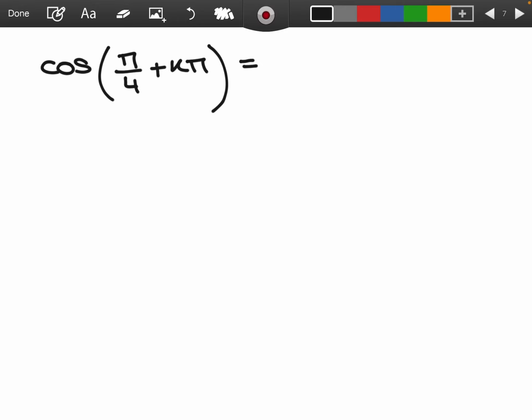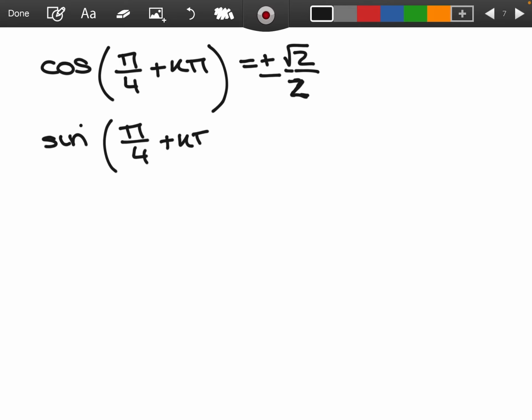So I'm also looking at all the angles that are coterminal to 5 pi over 4. When we're in quadrant 1, cosine of the angle is positive the square root of 2 over 2. When we're in quadrant 3, cosine of the angle is negative the square root of 2 over 2. Cosine of 5 pi over 4 is negative the square root of 2 over 2, and it goes the same for each of those angles that's coterminal. So whenever we've got the angle in quadrant 1, cosine of that angle is positive the square root of 2 over 2. When we're in quadrant 3, it's negative.